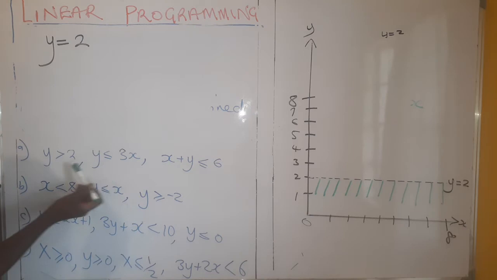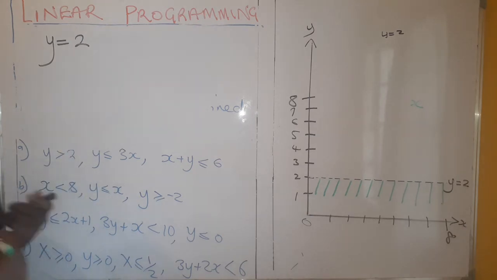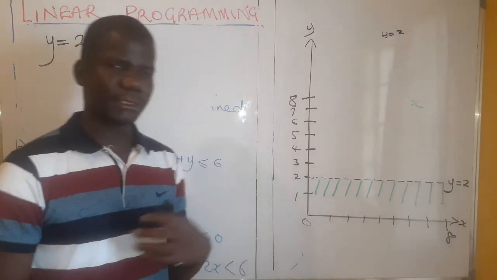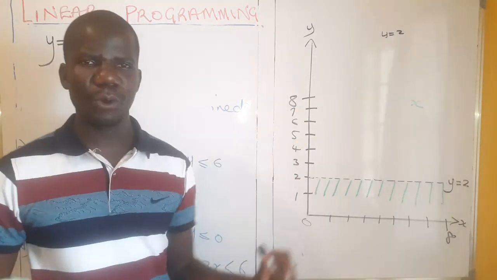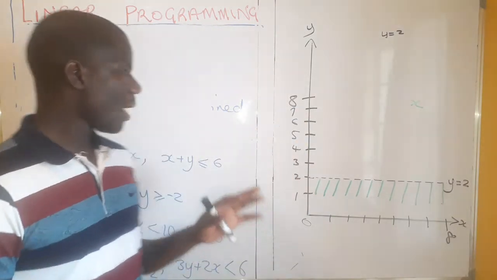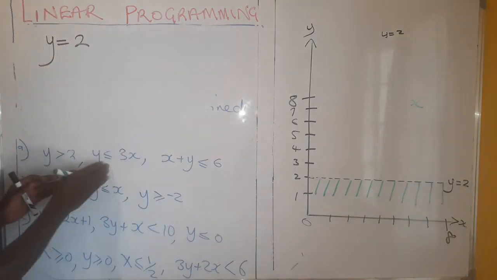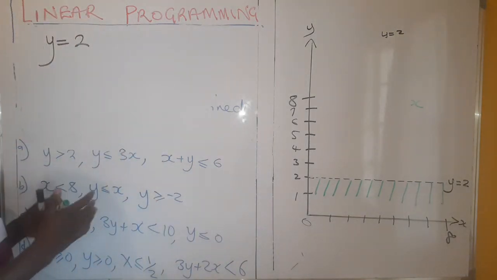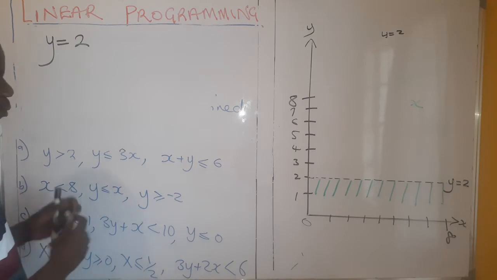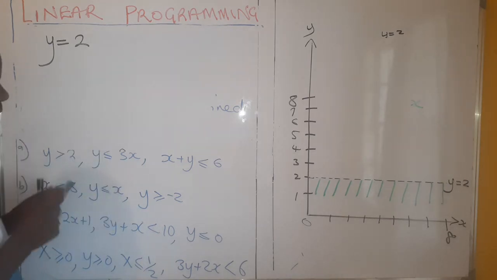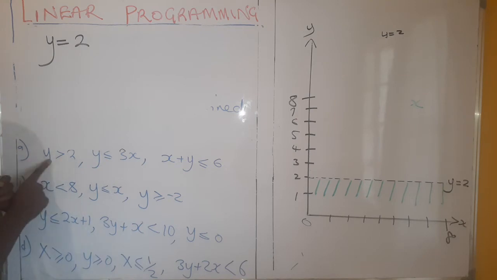Then when we go to these, these are inequalities in one variable, where you just have y or x. Now, if you have a combination of two like this, these are what we call inequalities in two variables. This one is in one variable, meaning we just have y or x.